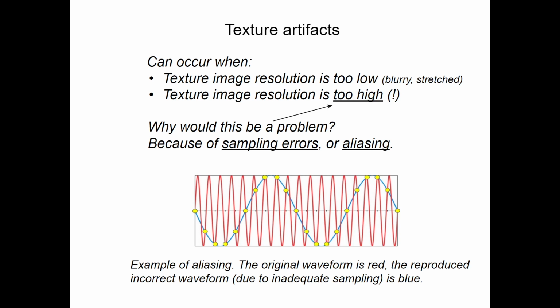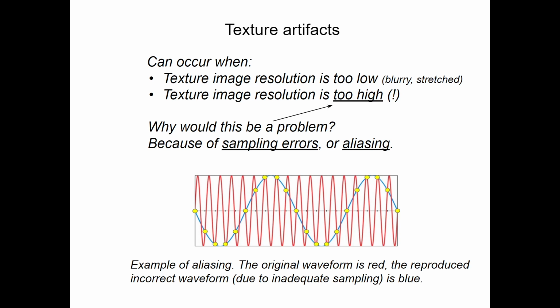Or did you start off with a low resolution texture and your screen resolution is much higher? Or as you show a certain triangle on the screen, it's scaled in some interesting way. And all of those, if you're just looking up the texture in a naive way, can lead to all sorts of artifacts, right? Bad results, glitchy graphics on the screen.